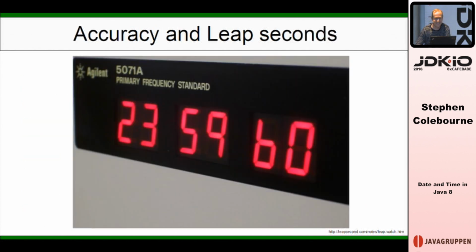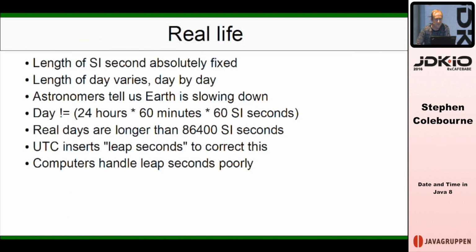Oh, look, leap seconds. So the Earth is a real thing. And the length of an SI second is absolutely fixed. A second is defined by movements in an atom, absolutely fixed, whereas a day varies and is observed by astronomers.